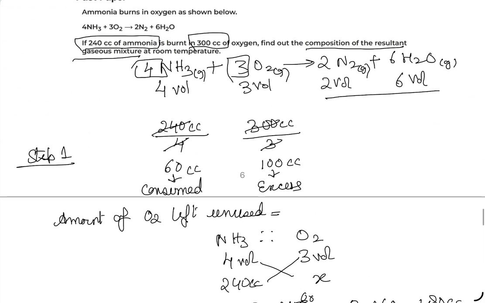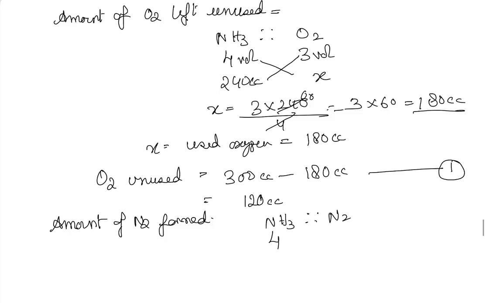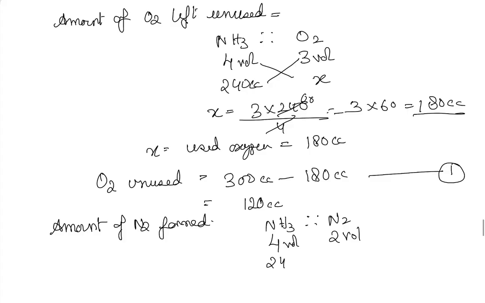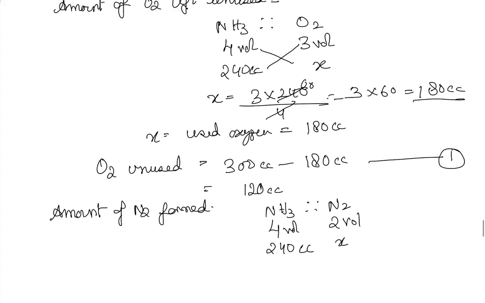If you look at the balanced equation, 4 volume is producing 2 volume. So in my question the volume of ammonia is 240. So 240 will be producing how much? Again the same thing, cross multiply. My x will be 240 into 2 upon 4, which is 120 cc. So the amount of nitrogen produced is 120 cc.